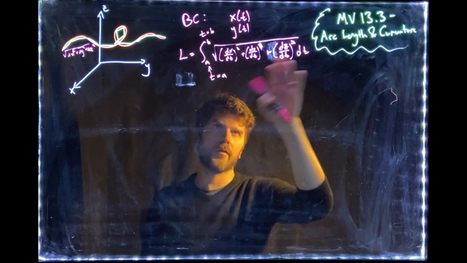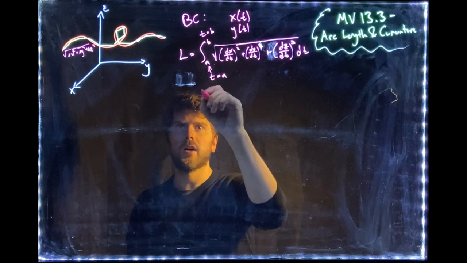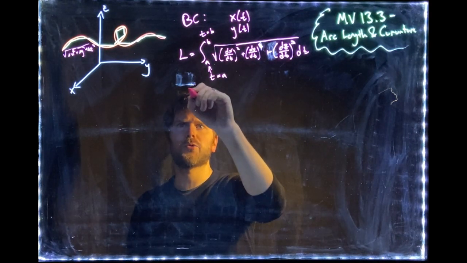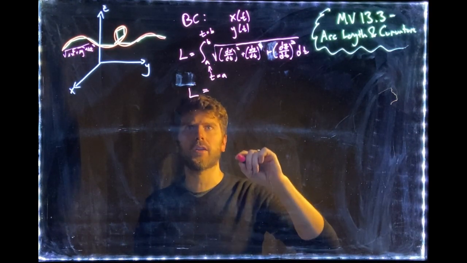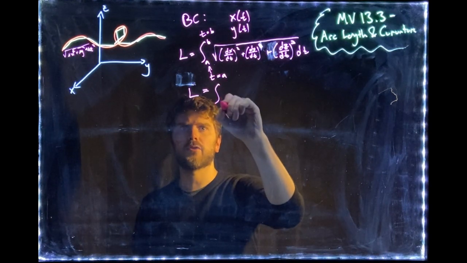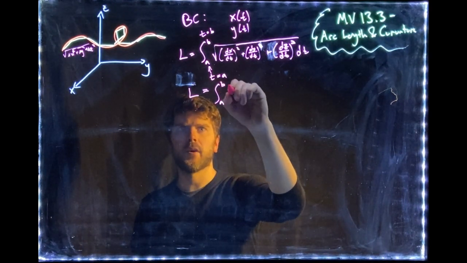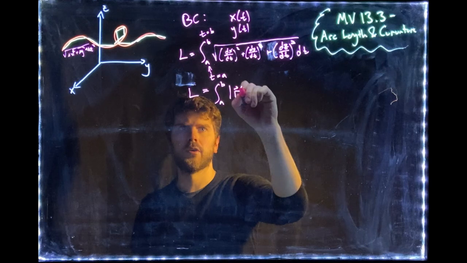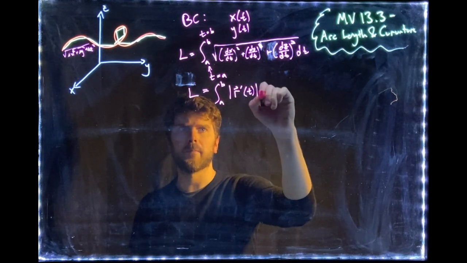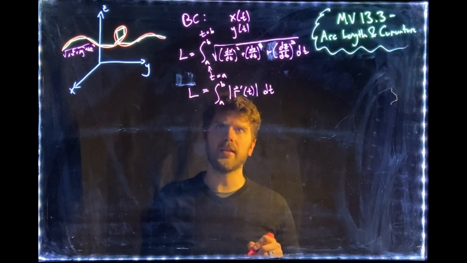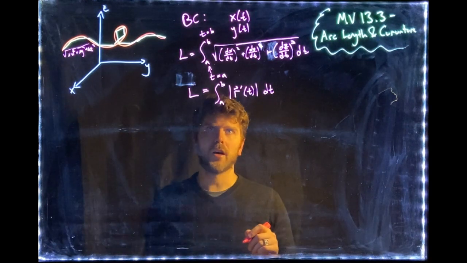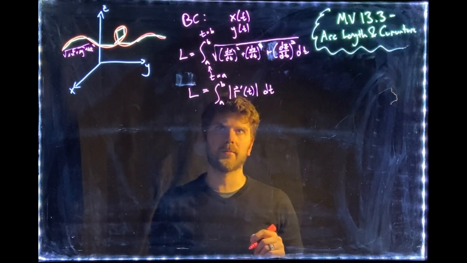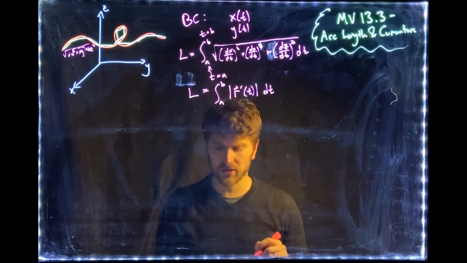It's the square root of a bunch of things squared. So what we'll often do is remember that the arc length is the integral from t equals a to t equals b of the magnitude of r prime dt. Because of course, in the magnitude of r prime, dx/dt is the x component, dy/dt is the y component, and so on.